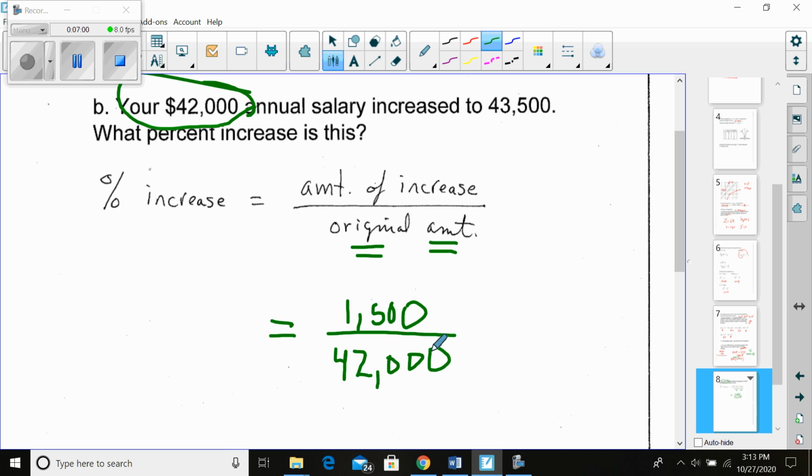All right, so I get this. It's not a round number, but in real life, seldom do we get nice round whole numbers. Then I would round it, maybe I'd call that about 3.5%. About 3.5.